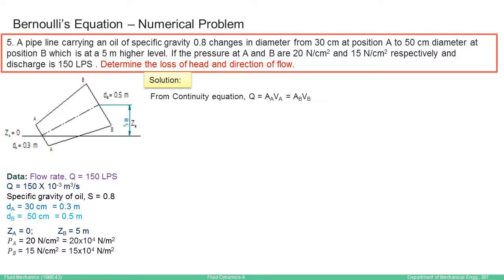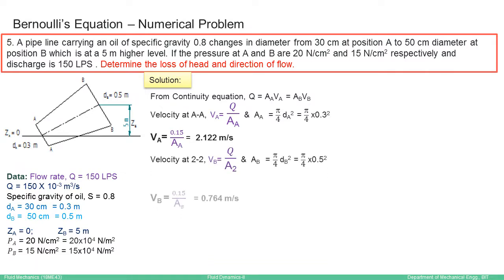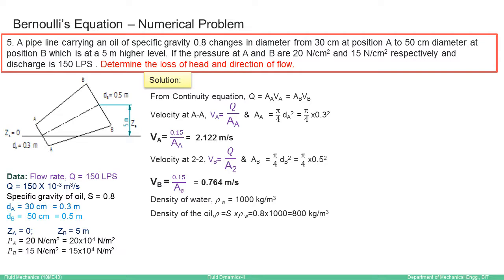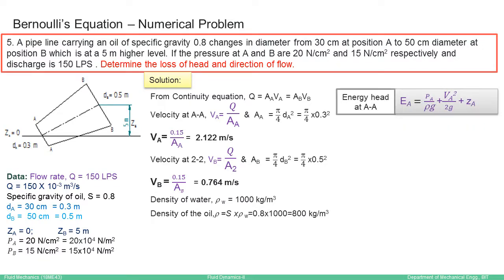But before that, since we know Q, that is discharge, and also the diameters, let us find out velocity at section AA and section BB from continuity equation. So we get velocity at section A is 2.122 meter per second. Similarly at B 0.764 meter per second, and density of oil is 800 kg per meter cube. As I mentioned earlier, first we'll find out the total energy head at section AA.